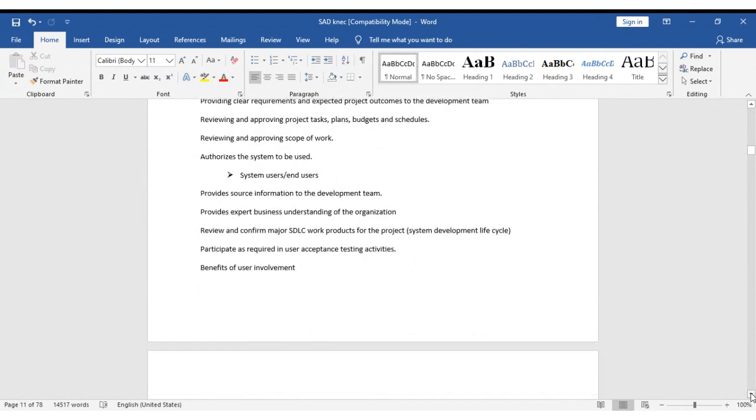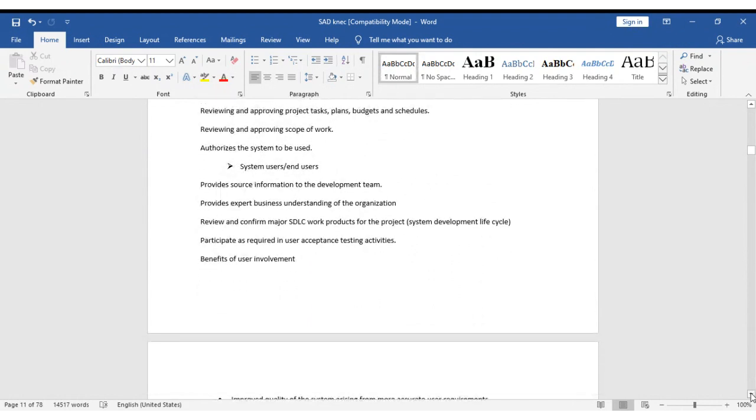System users or end users provide source information to the development team. Again, they provide expert business understanding of the organization.